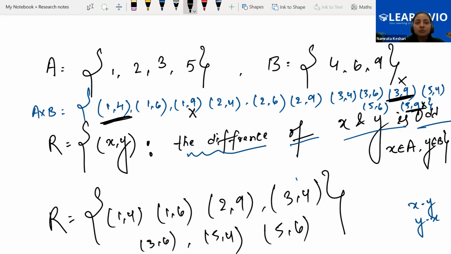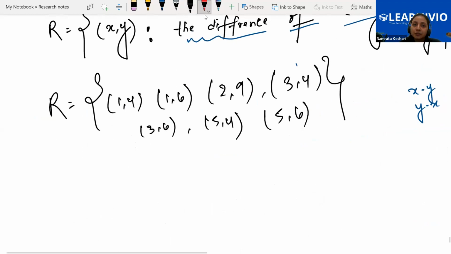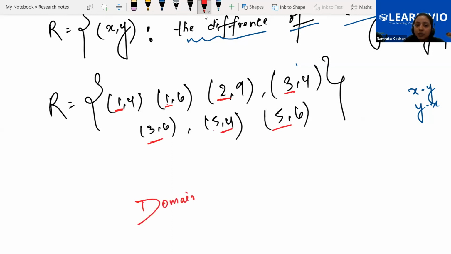Now one more concept is there. Every first element, 1, 2, 3, 4, like this 5, these are called the domain of the given relation. Domain means all first elements from our relation's ordered pairs, not the Cartesian product. From our relation, whatever we have listed down in roster form, we check what are the first elements.